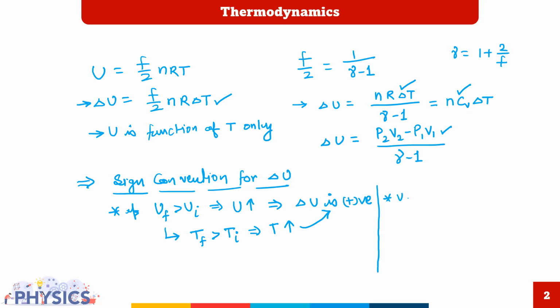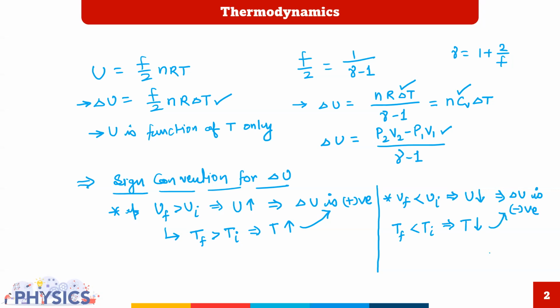What if final internal energy is less than initial internal energy? This means that internal energy is decreasing, so delta U is negative. This happens if the final temperature is less than the initial temperature, meaning temperature decreases.